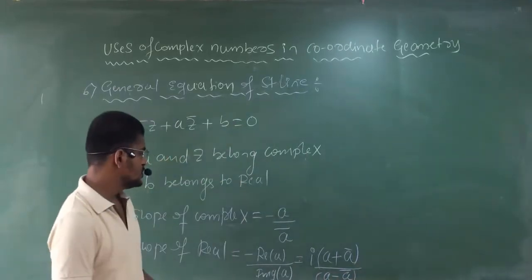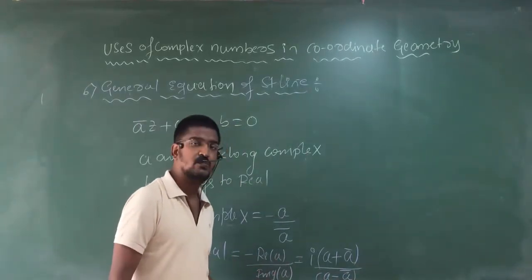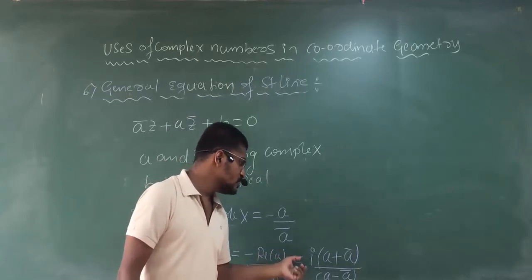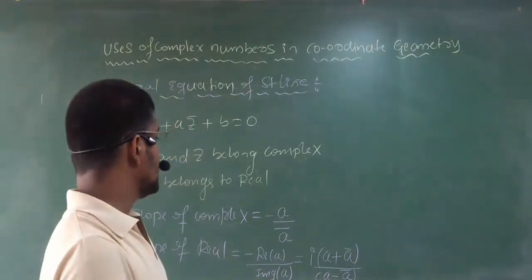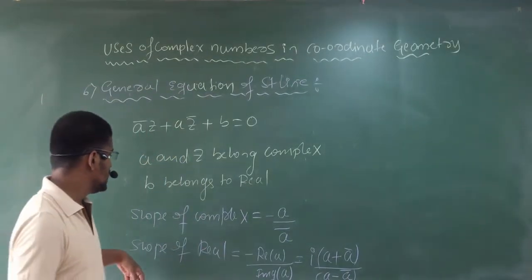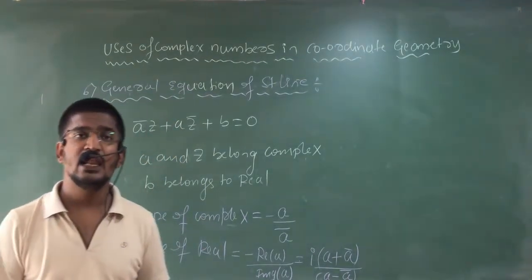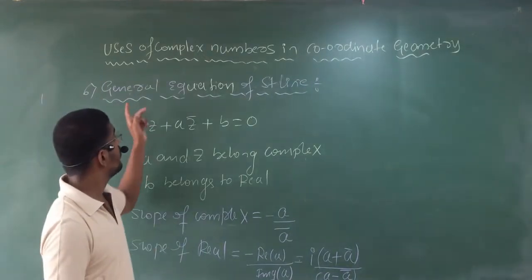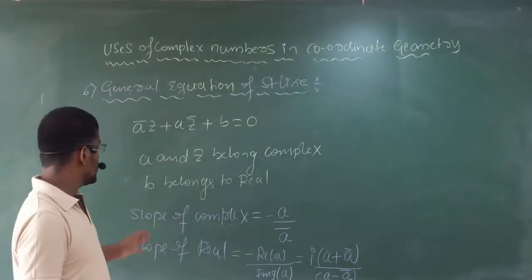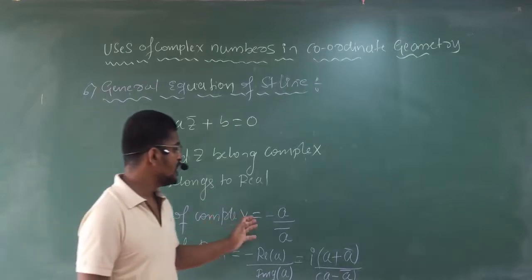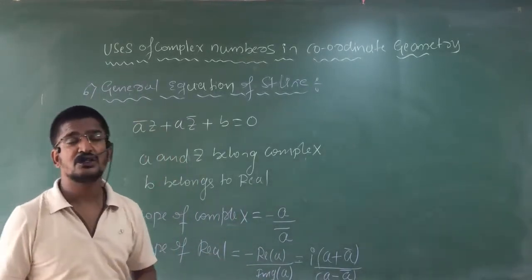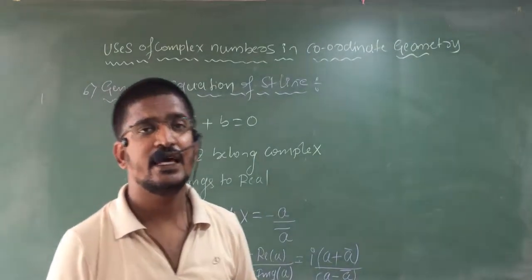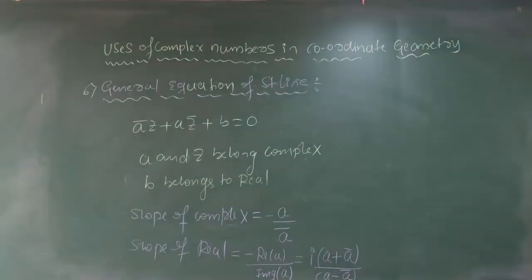Clear, students? So real part divided by imaginary part of A, or equal to i times (A plus A bar) divided by (A minus A bar), will be the slope of real for the general form of line, or the complex plane will be minus A divided by A bar for the general equation of straight line. So be clear with this.